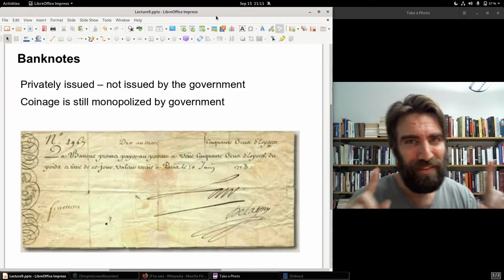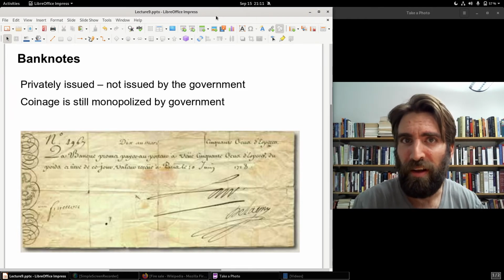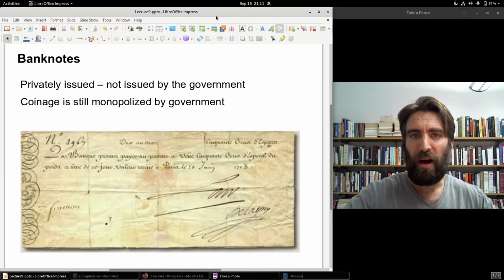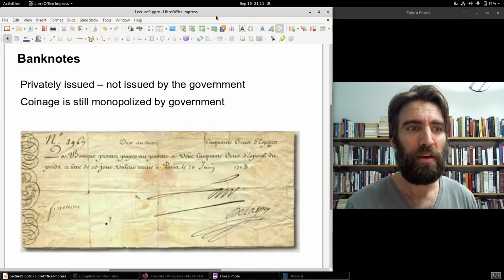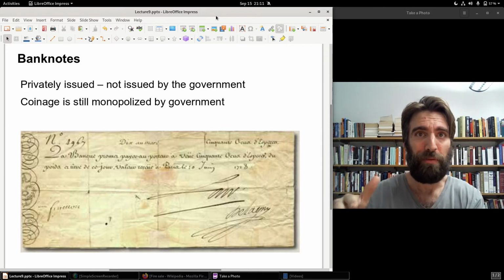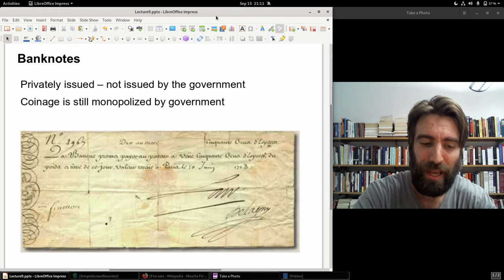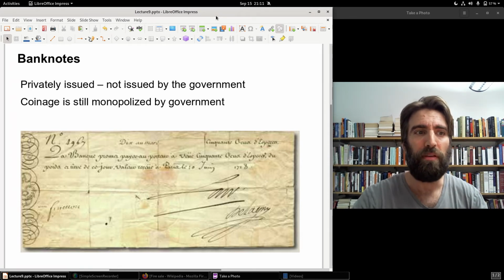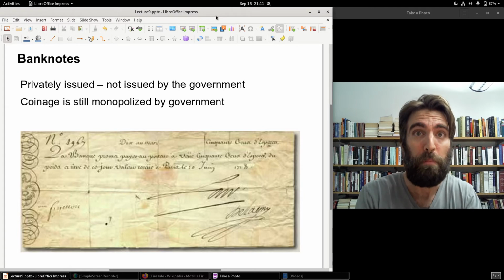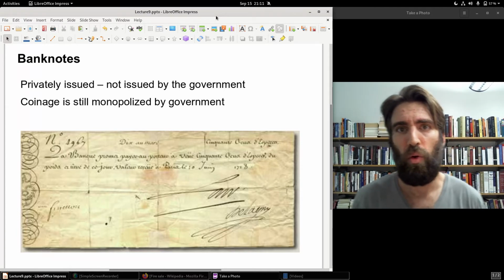Okay? See the distinction there. It's important, even though they're both operating as currency. Government still monopolizes coinage, but the banking system now is getting into the business of creating paper notes that represent that coin.